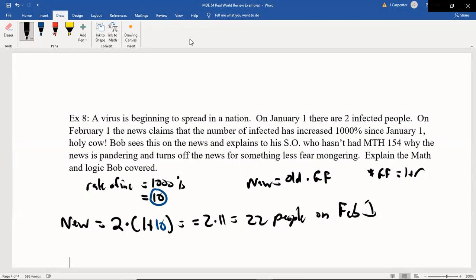No, of course. We can't see into the future. But over 1 month, 20 more people being infected, this seems like pandering to me. Now, if this had happened in a day and it kept getting worse and worse, that's another story entirely. So this is why we turned the news off for this particular example.